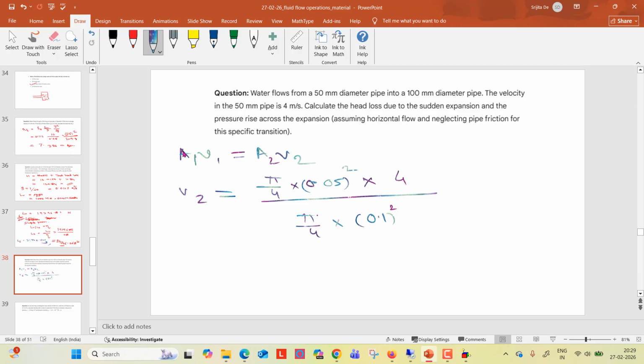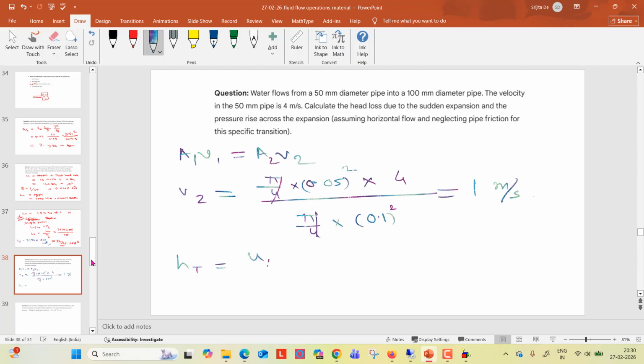So it will be cancelled out. What is it coming as? It is coming as 1 meter per second.